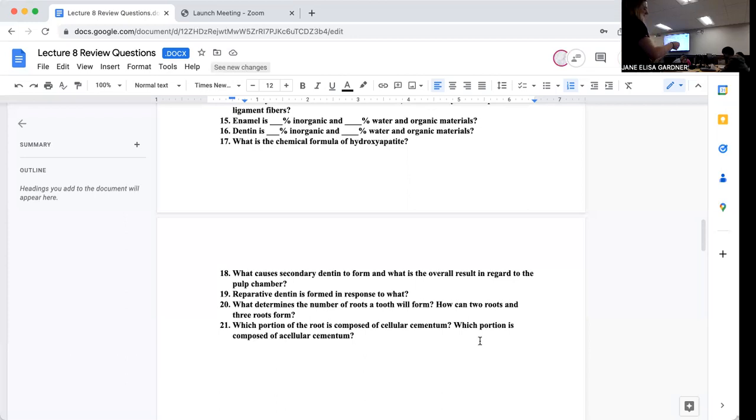Okay. So we finished those questions. This is a really hard section and it has a lot of information, and I guarantee there'd be a lot on the test because he likes this lecture. So I would really spend a lot of time memorizing this. I think you're good once you can recite out loud all the steps from the beginning, explain what happens to the ameloblast and why they change cell types.